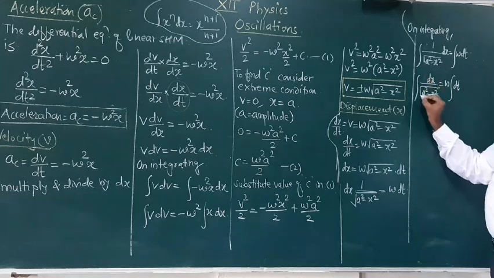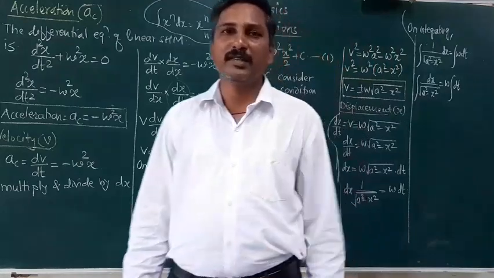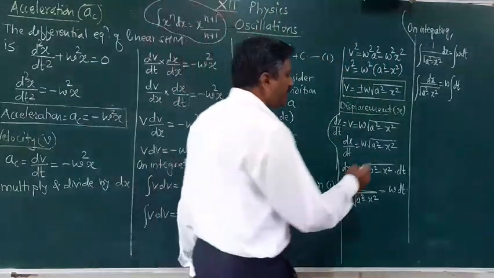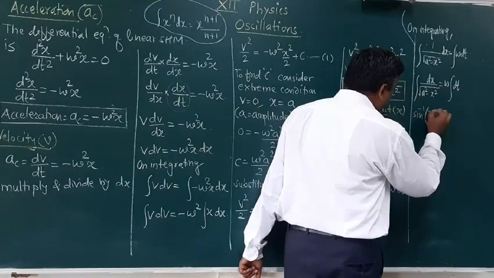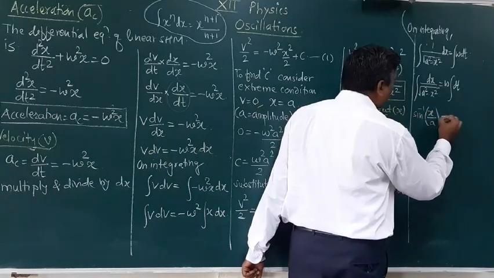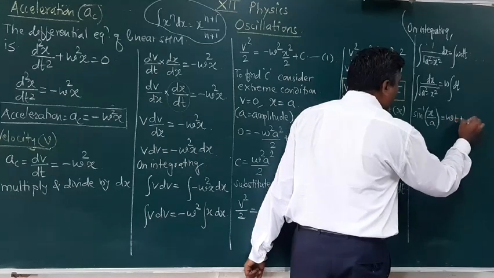But what is the integration of 1 upon root a square minus x square? It will be very simple. It is the sine inverse of x upon a, equals omega t plus alpha.